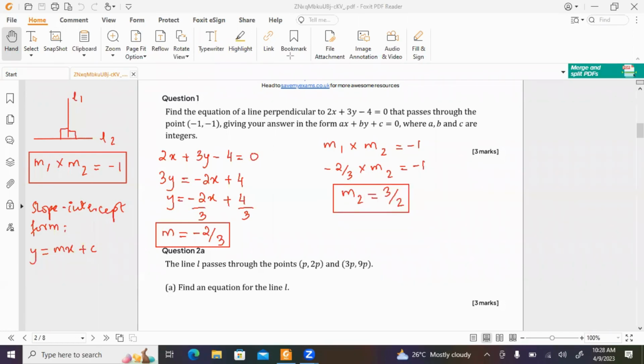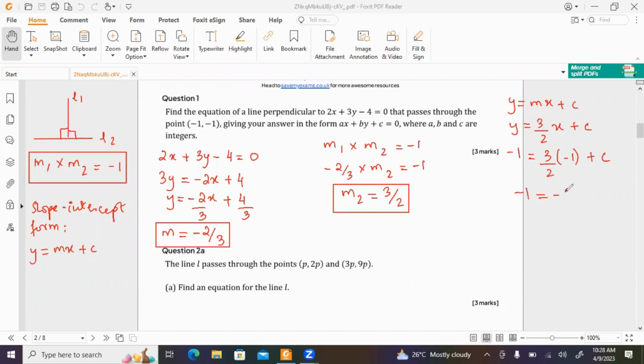Now that we have the value of the gradient and the point through which this line passes, we're going to use the slope-intercept form to find the equation. y equals 3 by 2 x plus c. y will be replaced by -1 and x will be replaced by -1.